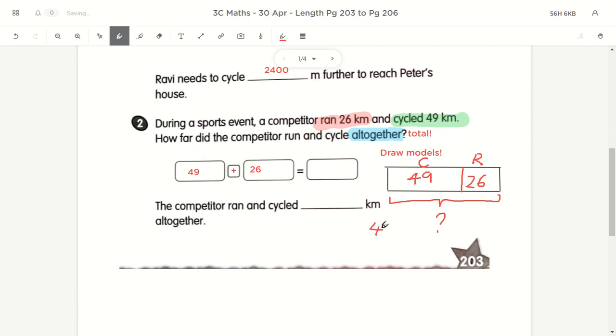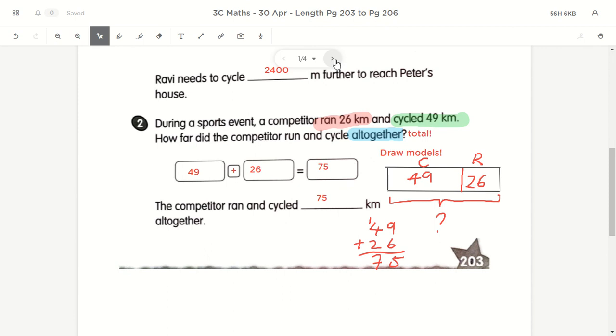So 49 plus 26, 9 plus 6, 15. We group the 1, group the 10. So 1 plus 4, 5, 5 plus 2 is 7. So it's 75. Okay, so straightforward again. Units is the same, 75 kilometers. So that's the answer for question 2.